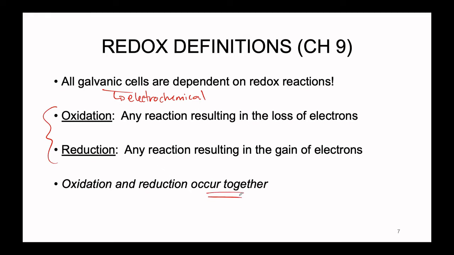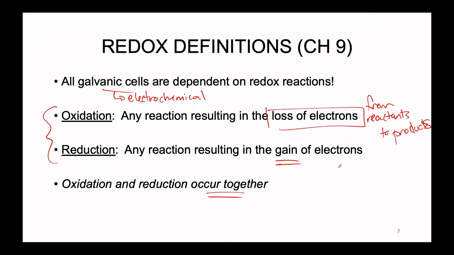The reason is that an oxidation reaction, by definition, is a reaction that results in the loss of electrons, specifically from reactants to products. It's not that the reaction is just mysteriously losing electrons in an unbalanced way. There is some reactant that is losing electrons, and an electron is being ejected as a product. A reduction reaction is any reaction that results in the gain of electrons.